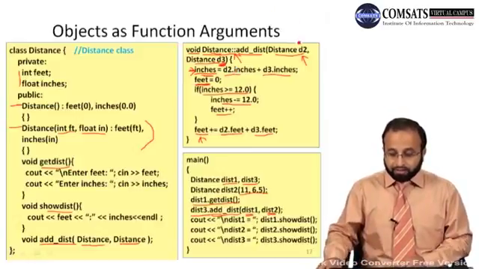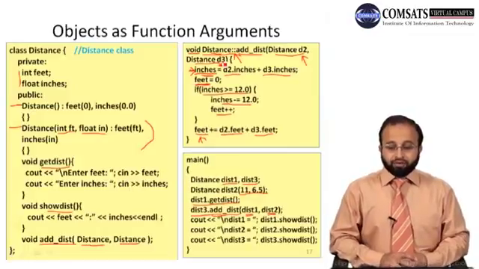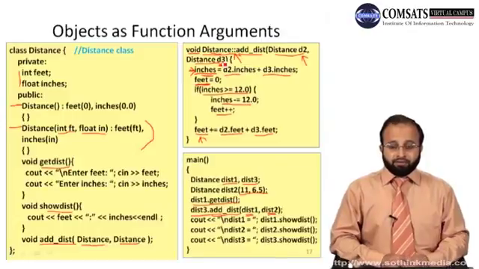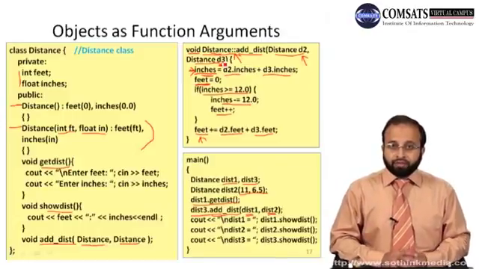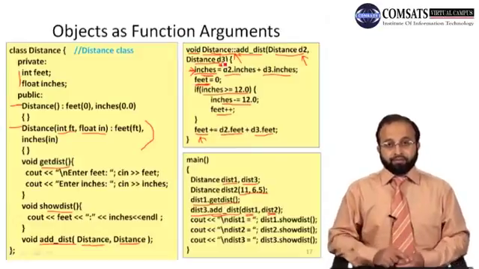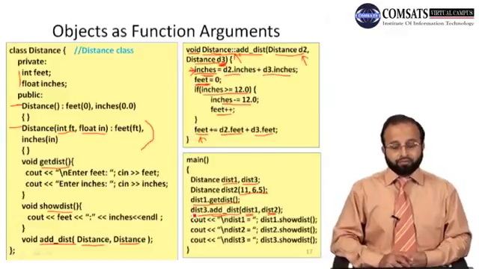So these d2 and d3, these are the objects of distance class, but their scope is limited to addDest function. That means they are created when the addDest function is called, and they will be destroyed when the addDest function finished. फिनिश कब होगा? जब इसने सारी स्टेटमेंट एग्जीक्यूट कर ली हैं और दोबारा वो मेन में वापस आ जाएगा कंट्रोल, राइट?